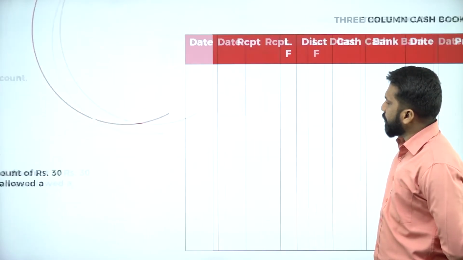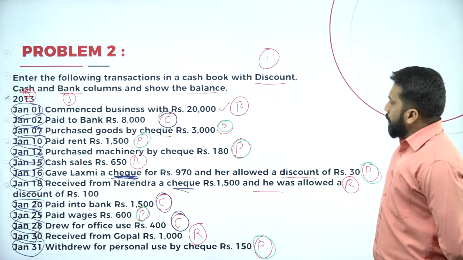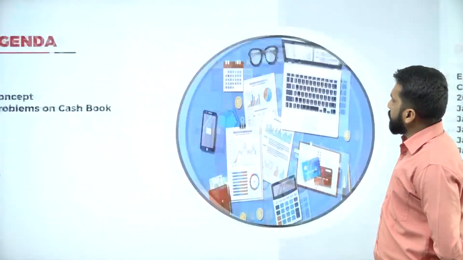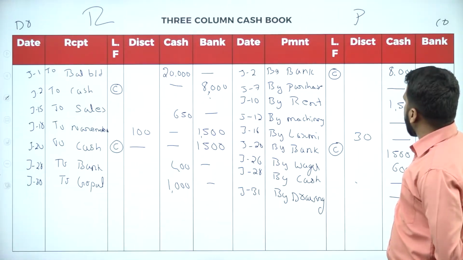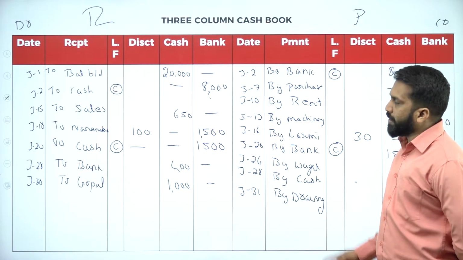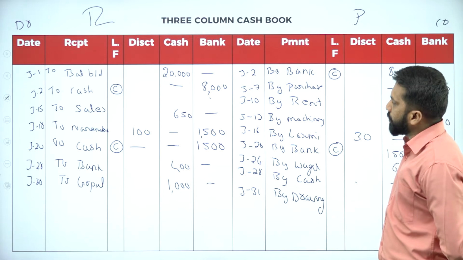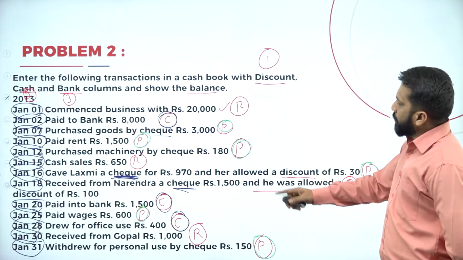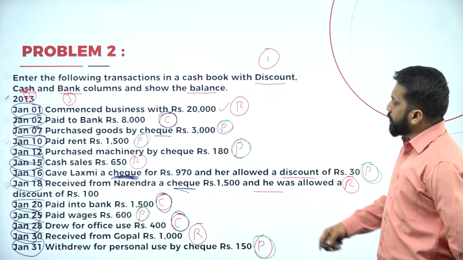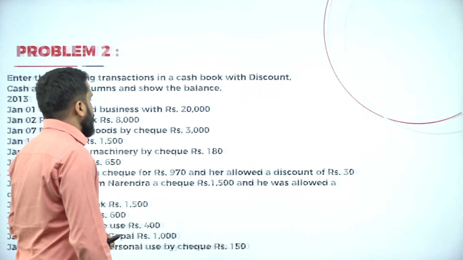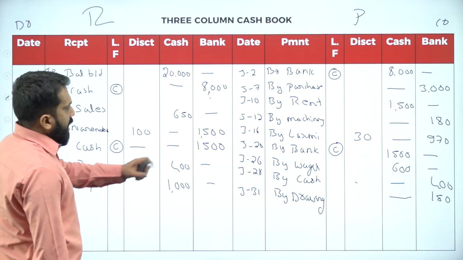Next. Paid into bank is over. Paid wages 600. Yes, we have taken. It is not visible to you. Later I'll show you. You can take a screenshot. Now, next one. Drew for office use 400. This is what? This is contra. Now, 400 and 400.